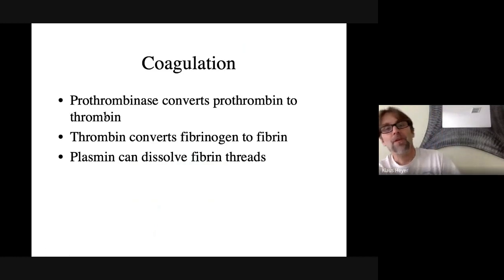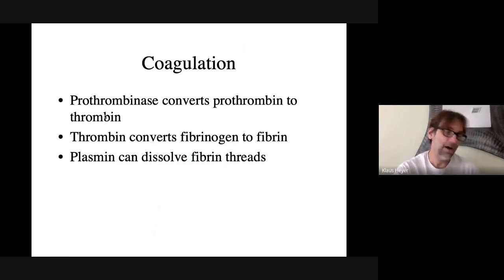So when you see pro in front of this word, it means it's an inactive form. Just like if you look here, we have fibrinogen and then you have fibrin. The OGEN means inactive. Fibrinogen is an inactive form of fibrin. But there's another way to say something's inactive. One way is that you have OGEN at the end, or the other way is that you put PRO before it. I don't know the rhyme or reason to doing either one, but that's what it is.